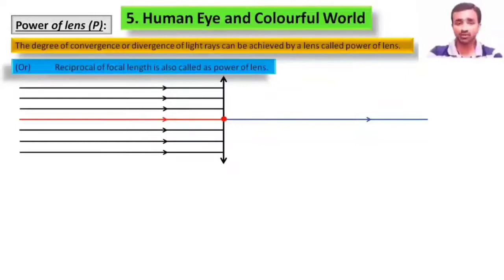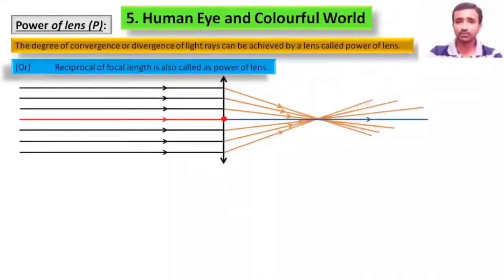Then the remaining rays are going to be converged at a common point. That common point we can call the focus. The rays can converge before or after this point also. It will be designed by the lens maker, so this point may be inside or outside, depending on the lens maker while it is designed.